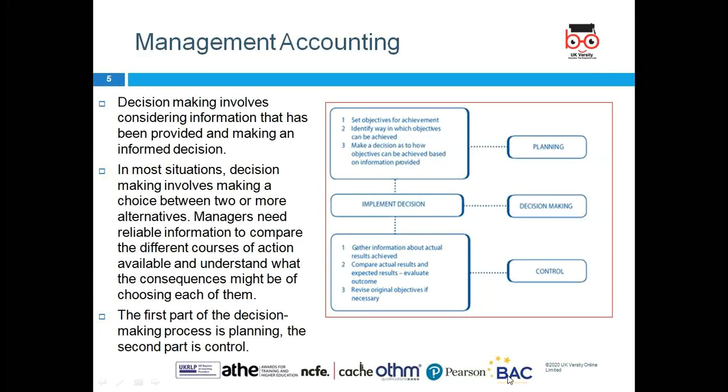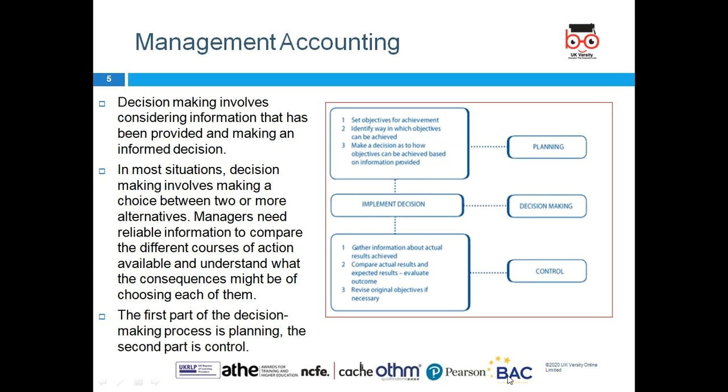Yes, yes. Okay, so looking at management accounting decision making, it involves considering the information that's been provided and making informed decisions. Decision making is making choices between various alternatives.